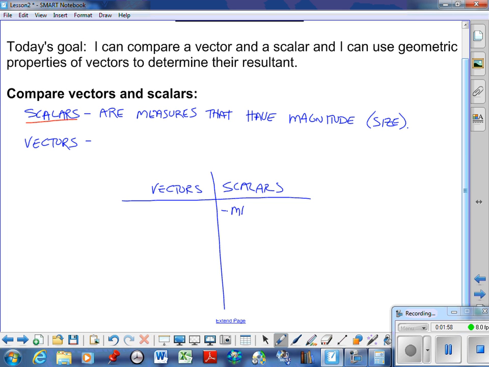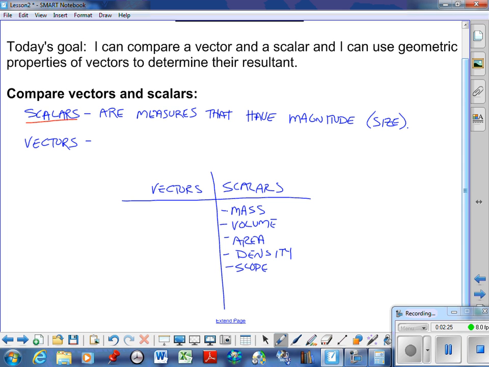So mass, volume, area, density from your grade 9 course, slope, okay, and slope's kind of on depending on how it's being used here.